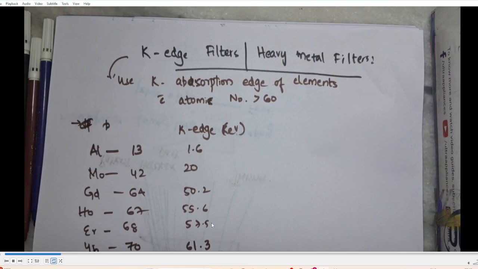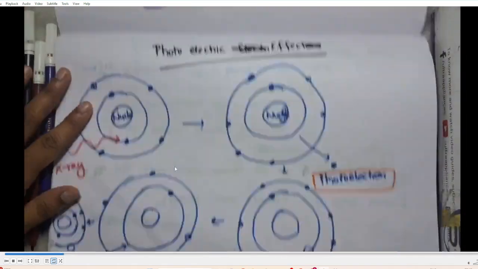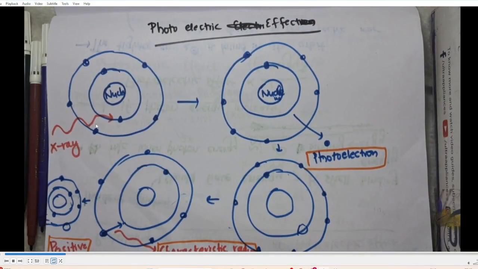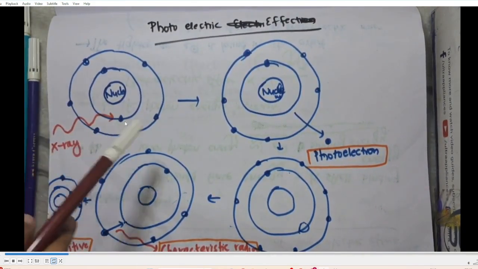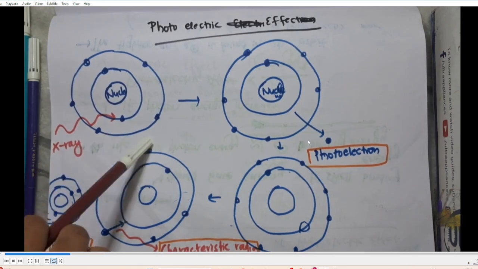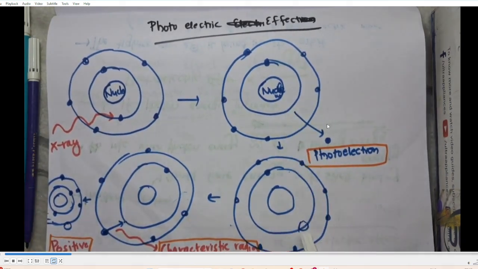So before we go into this, let us first understand what a photoelectric effect is and what K edge is. When an X-ray photon strikes the inner shell electron, the electron is released as a photoelectron.